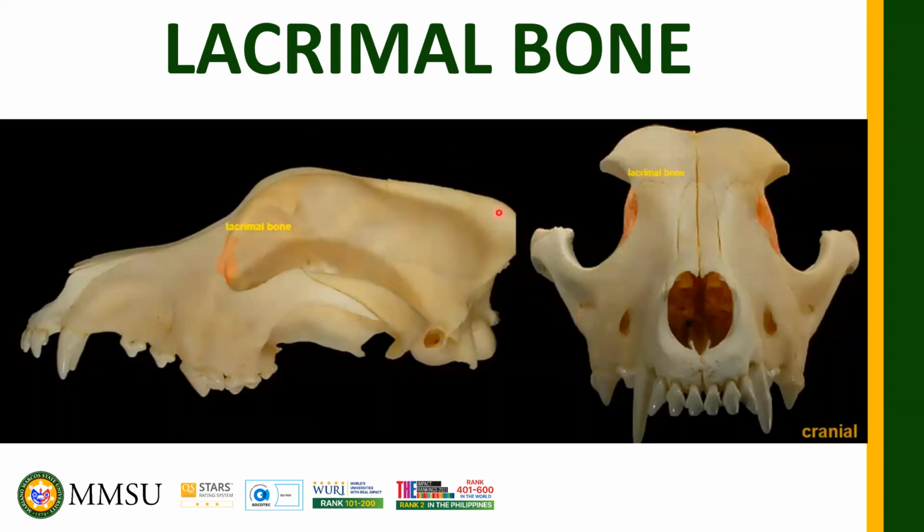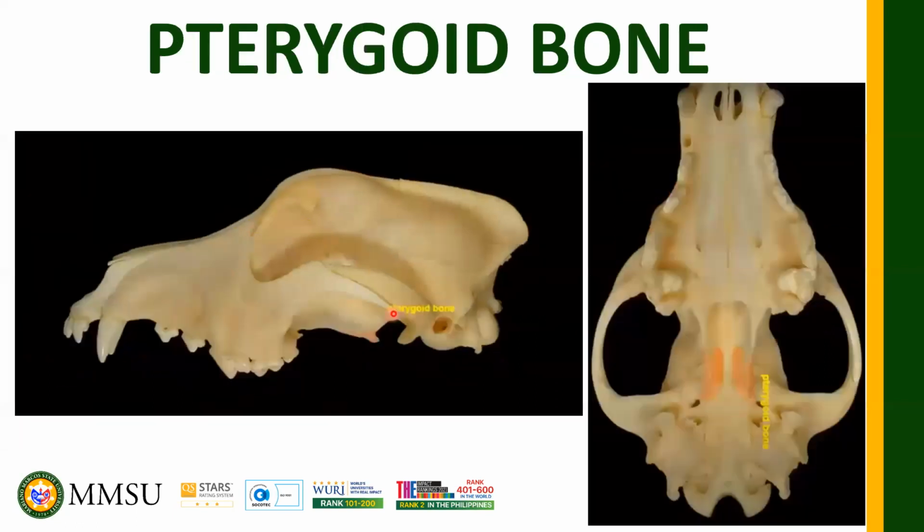Ang pinaka-contribution lang naman ni lacrimal bone is for the formation of the nasolacrimal duct system. Okay? So, yun yung ginagawa dito. And then, support for the eye. So, it usually contributes then for the overall support and the structure of the orbit.